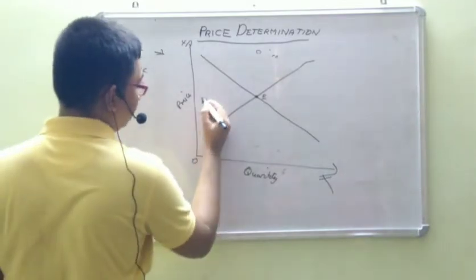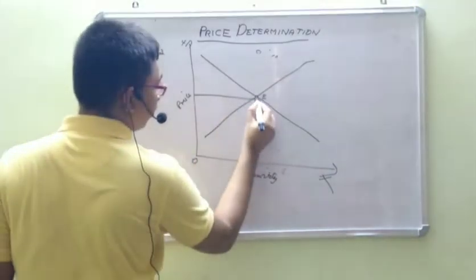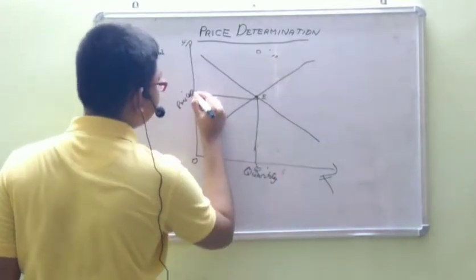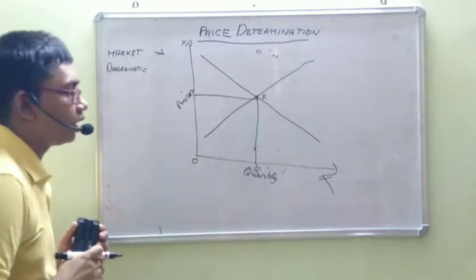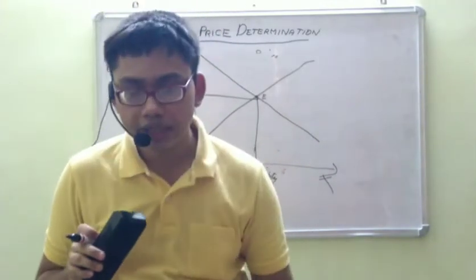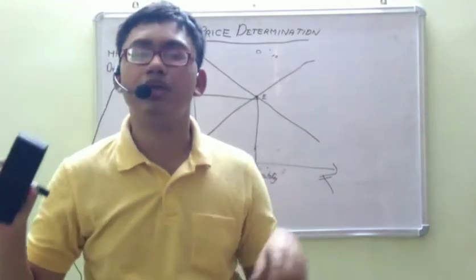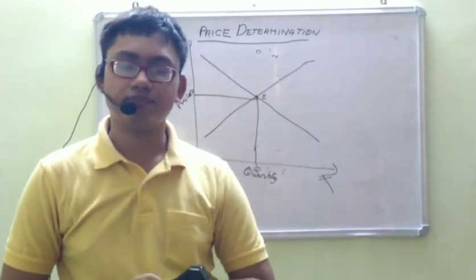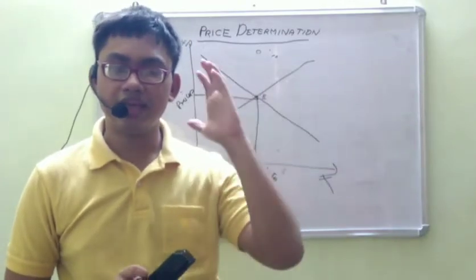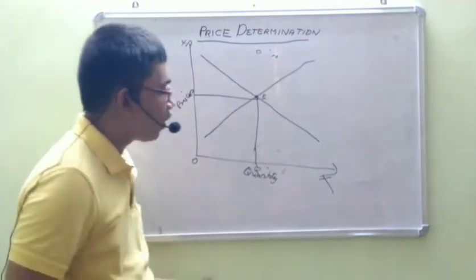So this will be the quantity and price, OQ and OP. Now, can this price vary over time or will it be constant? Think of it. Any idea? I'll tell you.